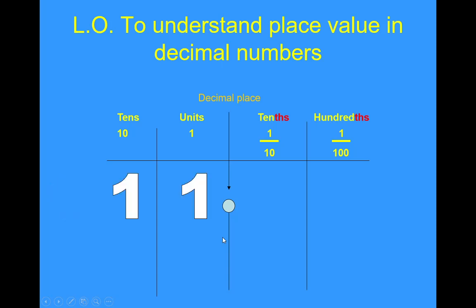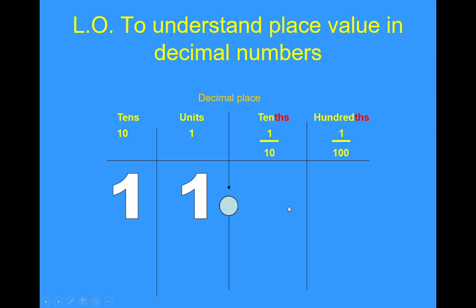So, let's say this is number 11, 1 ten and 1 one, as we know. Our decimal point is here to show us that anything afterwards is less than 1. Okay? We're not going to talk about hundredths today, but hundredths go further back here and tenths go here.